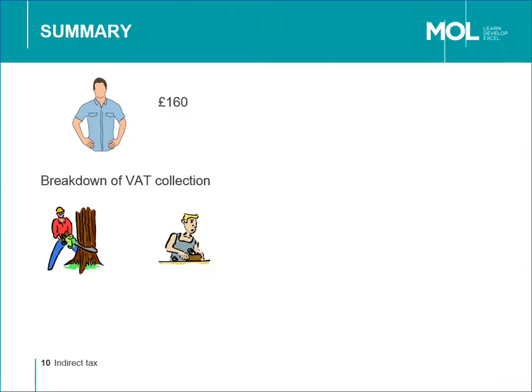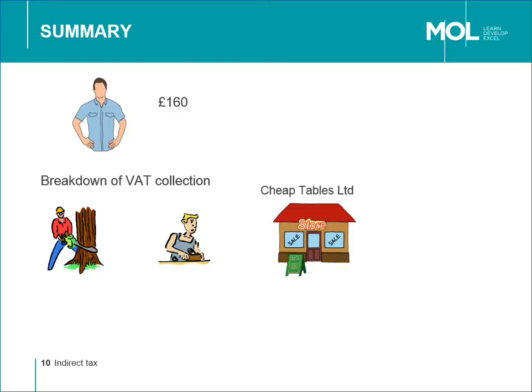Summarising the 3 stages, we can see the following. Mr. Pine was charged £160 VAT when purchasing his table from Cheap Tables Limited. This VAT can be broken down as follows. As per Mr. Timber's VAT return, he paid a net amount of £20 to HMRC. The local furniture maker paid £40, and Cheap Tables Limited paid £100.